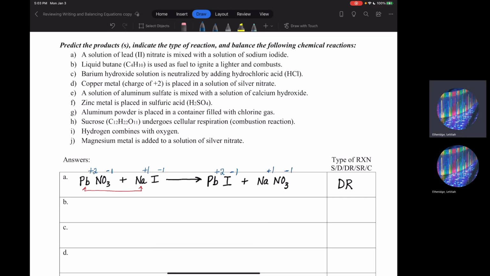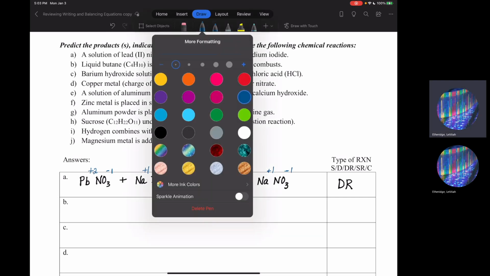All right, so now that we have figured out who moves, let us take a look at the actual equation. So let's make sure that our charges are written properly.